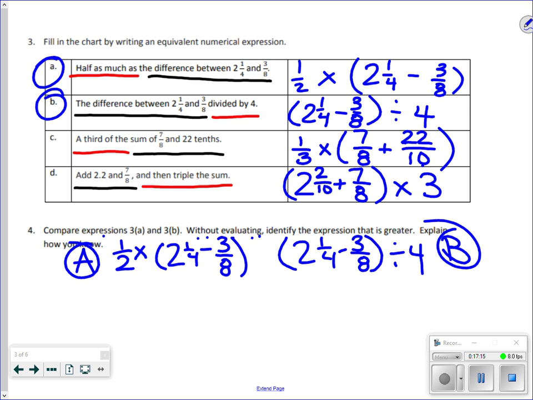So why are you saying A? Because you have to explain how you know. A is greater because it's dividing it into 2 pieces rather than 4 pieces. This one is only dividing it into half.